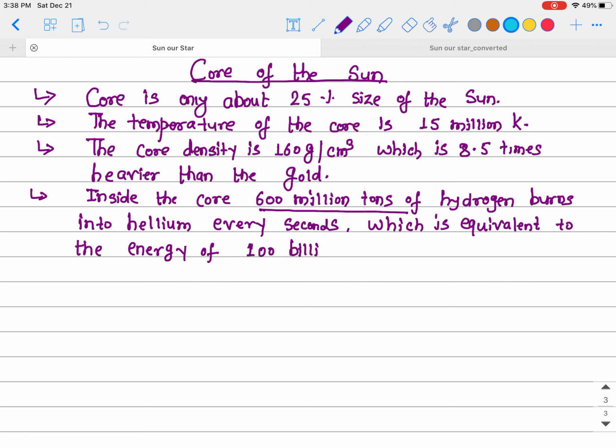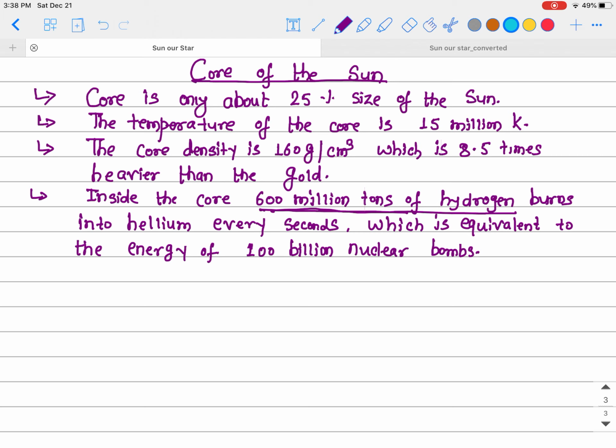100 billion nuclear bombs. So you see, I would like to repeat this here. In every second, 600 million tons of hydrogen burns into helium, which on the earth is equivalent to 100 billion nuclear bombs.